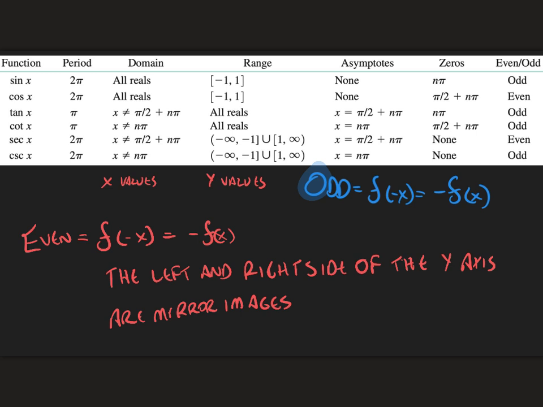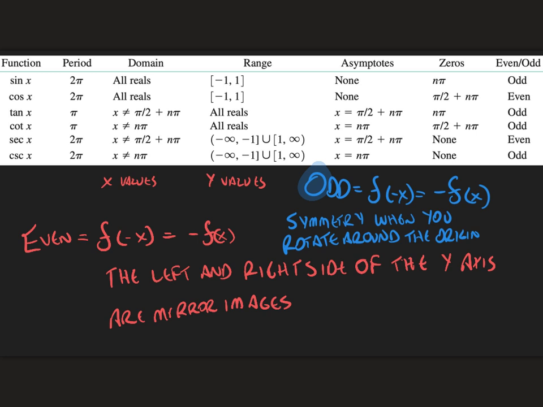So odd functions have symmetry when you rotate a graph around the origin. Whatever is on the right side of the y-axis is going to be flipped upside down and then flipped around the y-axis. So that's the difference between even and odd functions.